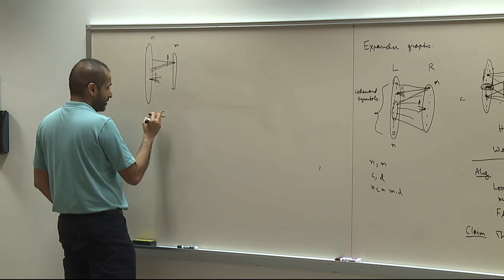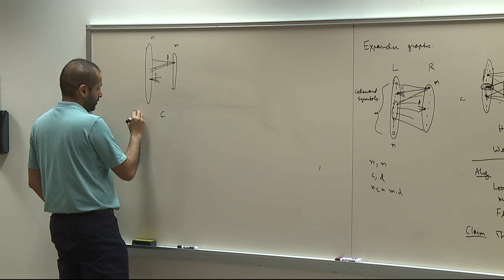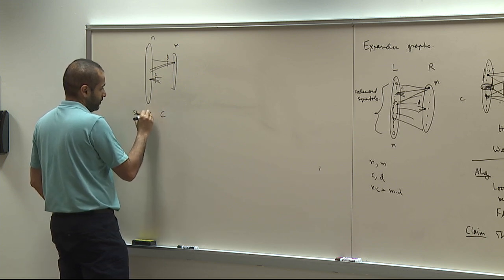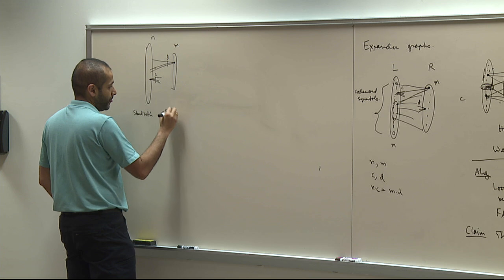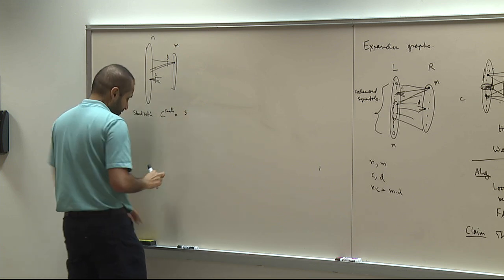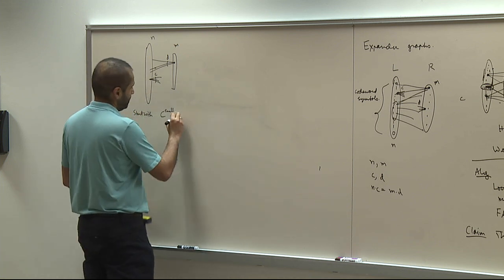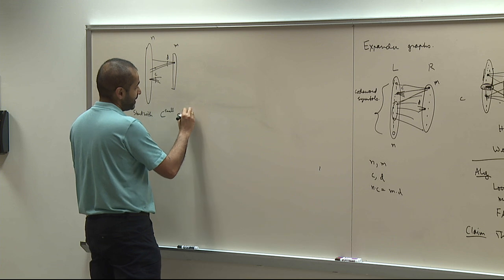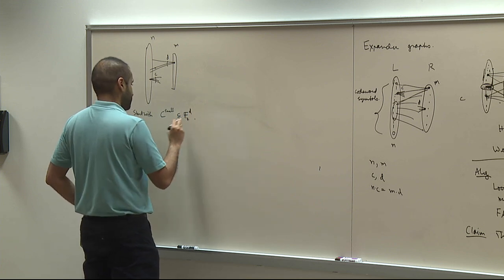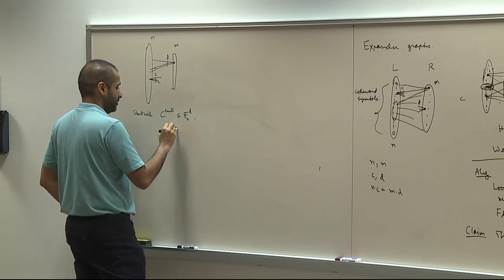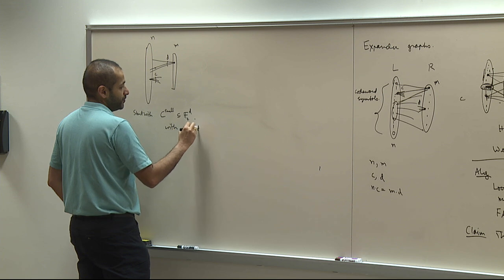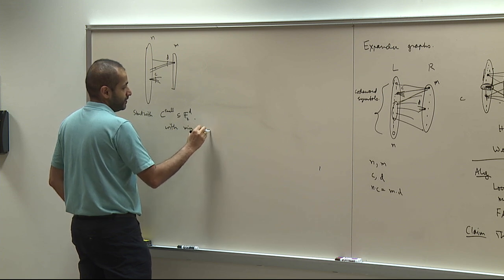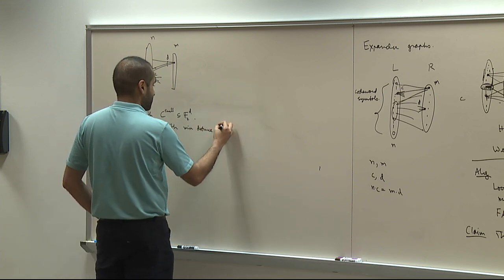So we start with C small, which is some subset of F2 to the D, with minimum distance D0, for example.